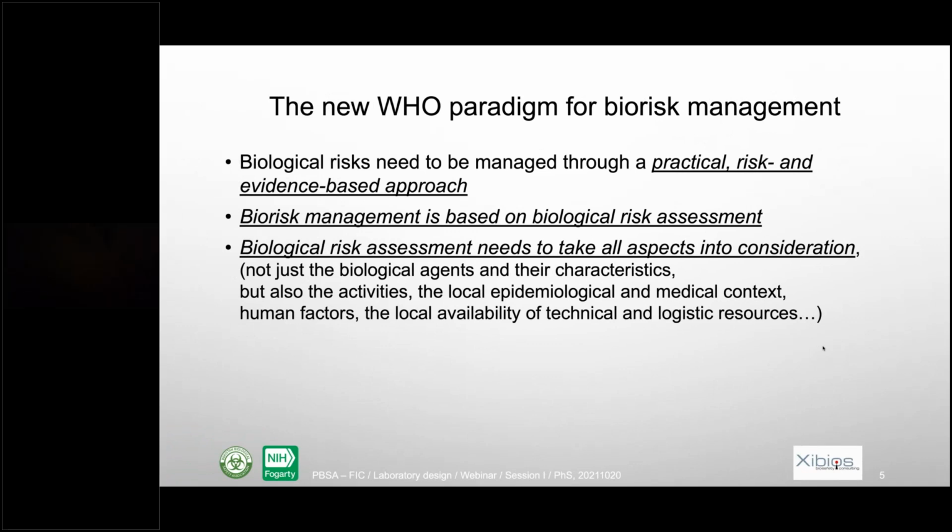Doing one thing with a biological agent will not generate the same risk as doing something else with the same biological agent. And then the epidemiological and medical context in the place where you're working. Also human factors like the training of the people, do they have experience and so on. And also the local availability of technical and logistic resources. So it's not just looking at the agent, it's also looking at all those aspects.